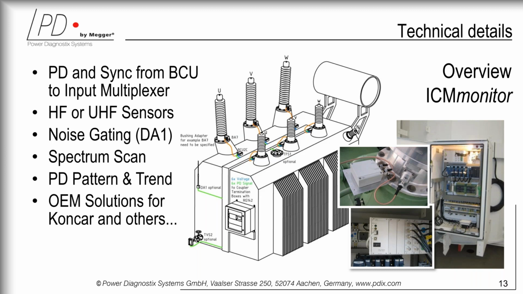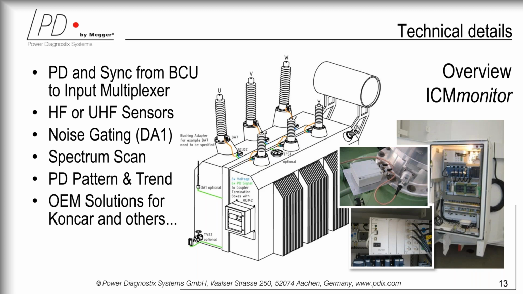Many people, including Siemens, Conchar, and GE, are buying such sensors from us, and of course the monitoring system, because they are asked in various tenders to offer a complete system, including partial discharge monitoring.